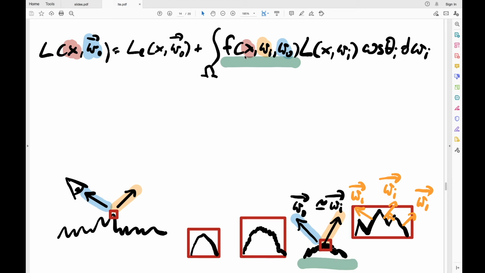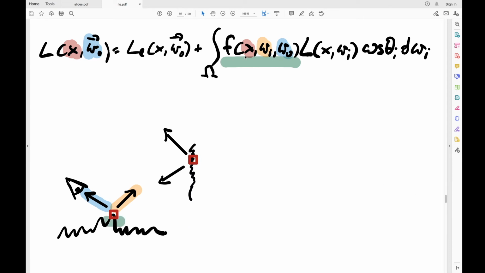And we now know what the unit direction vector omega I does. Another important fact about the light transport equation is an inherent recursion. We are locally computing this BRDF, and the BRDF tells us local radiance, and it also tells us an incoming light direction.